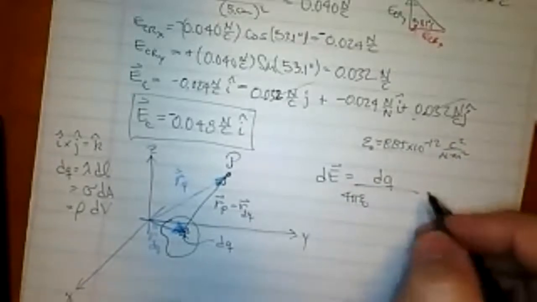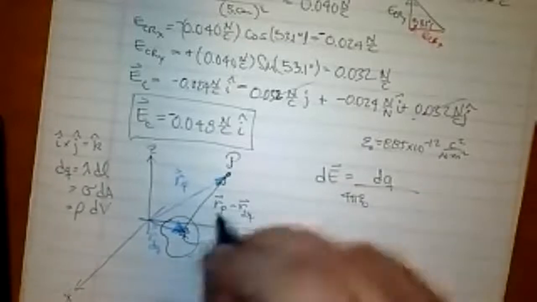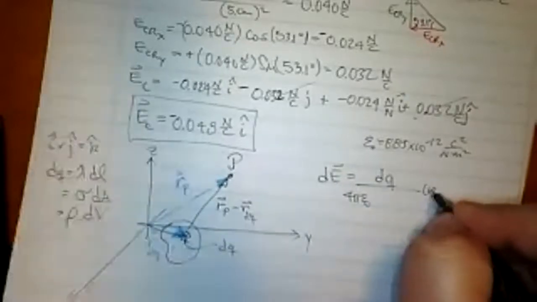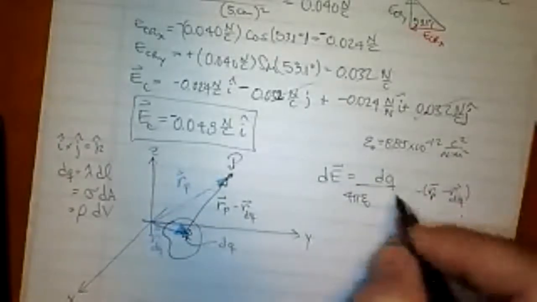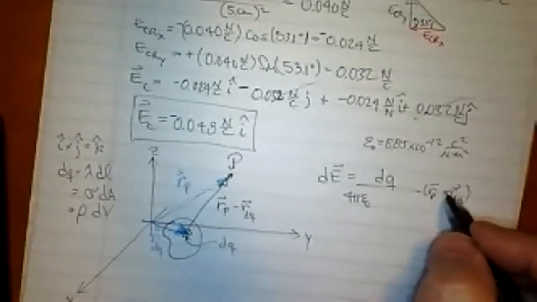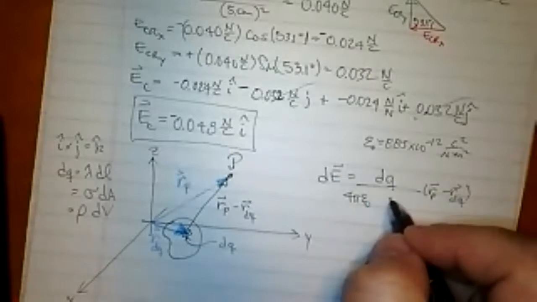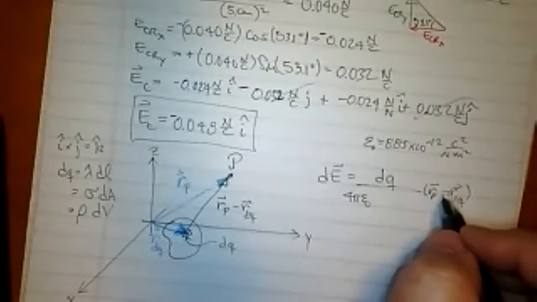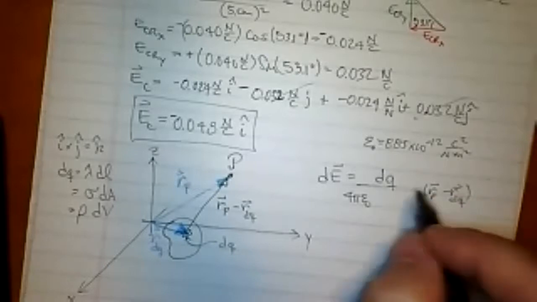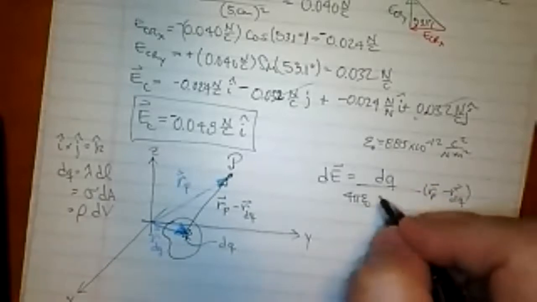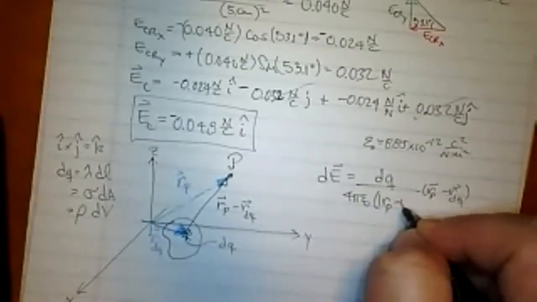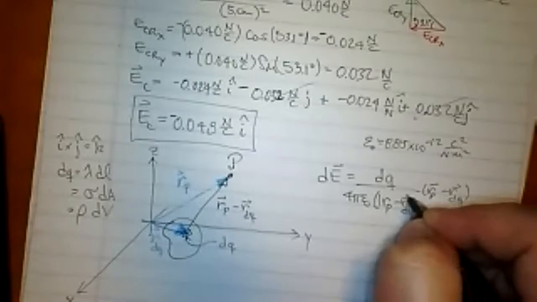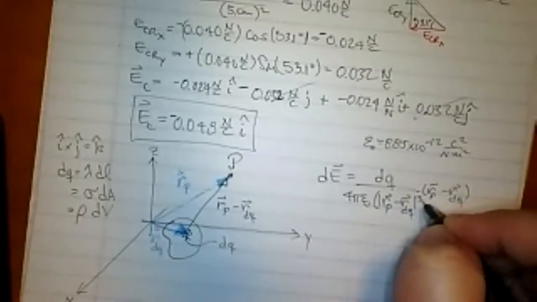Now, the kicker is we need a direction. Well, the direction should be r_P minus r_dq. But if I took the magnitude of r_P minus r_dq and put it down here squared, like the formula tells us, I would be off by a factor of r_P minus r_dq. So I actually have to put it cubed down here. So I'm going to say r_P minus r_dq cubed.